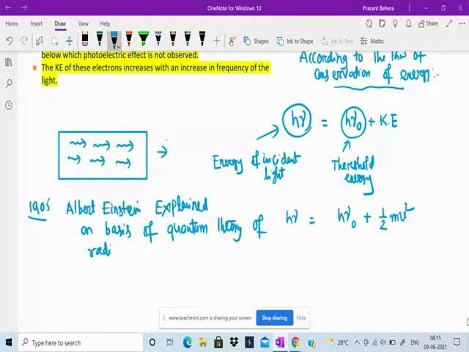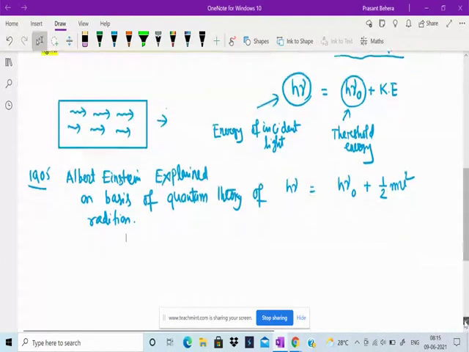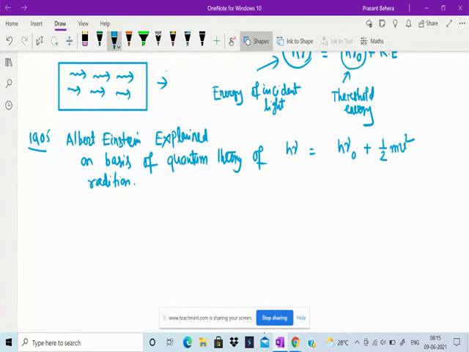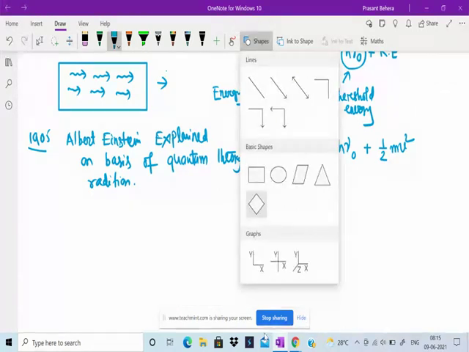He suggests that the energy is emitted by a body in the form of small energy packets, called wave packets. Each packet of energy is called a photon.